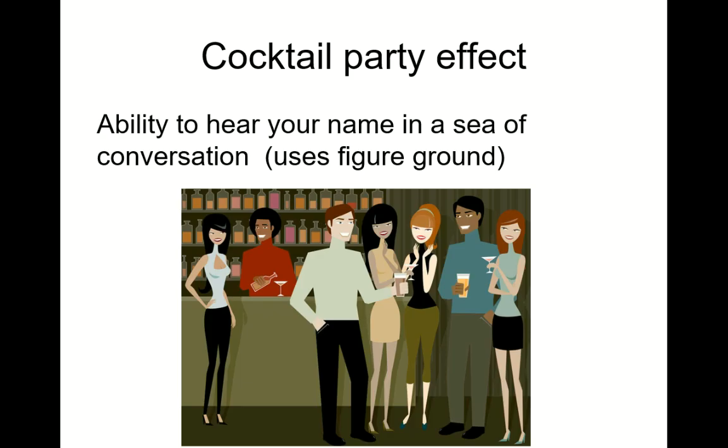It's like if you're at a party, you have the ability to listen to one conversation, especially if that conversation has your name in it, right? You hear your name, you're like, what? And you have the ability to tune everything else out. So in a way, it's like selective attention. It's similar.